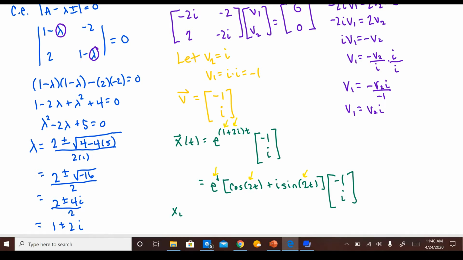So let's look at what's in row 1. x1 of t is equal to, multiplying row 1 by column 1, e to the t times negative cosine of 2t, and notice here we're going to have i times i, which is i squared, or negative 1, sine of 2t. I'll use brackets here to make it a little more readable. So there's the first solution, and x sub 2 of t.